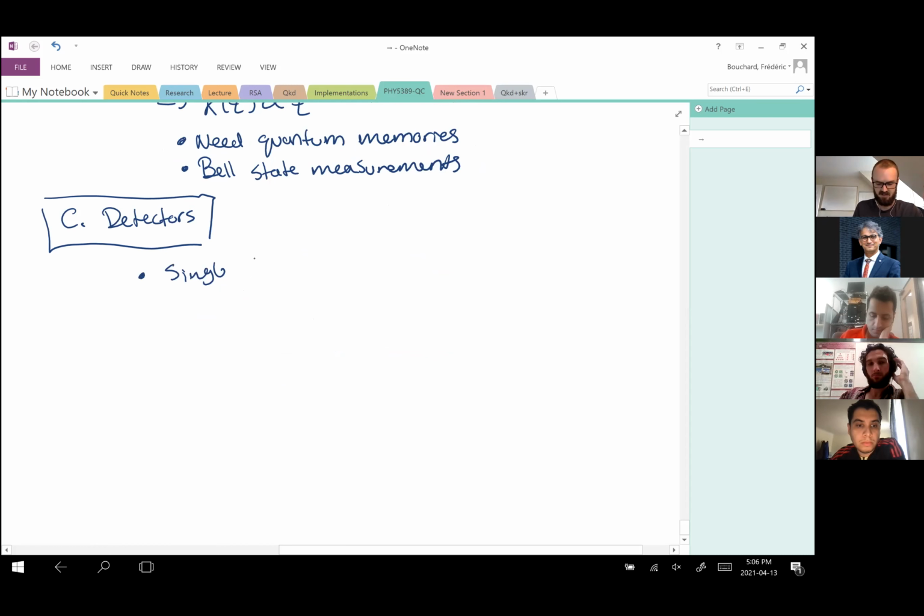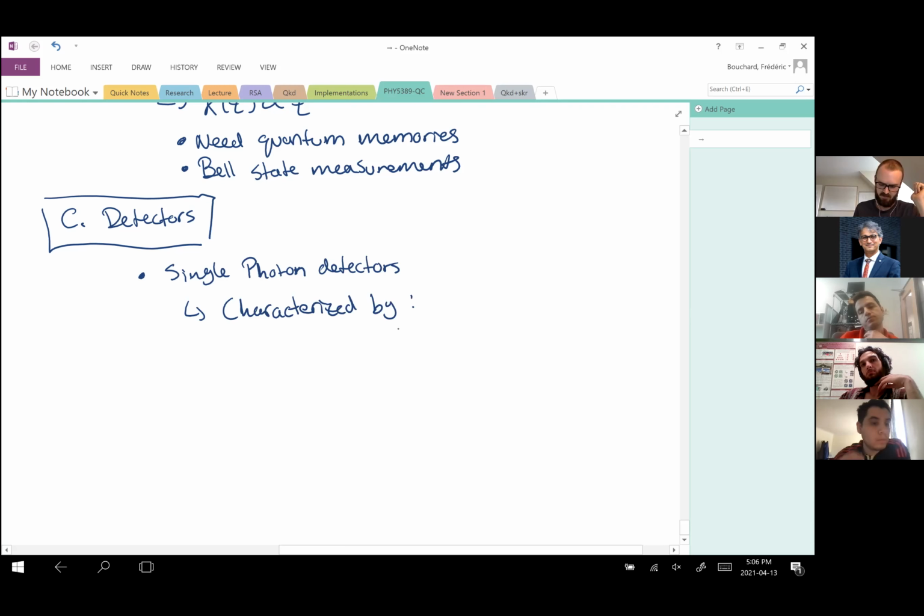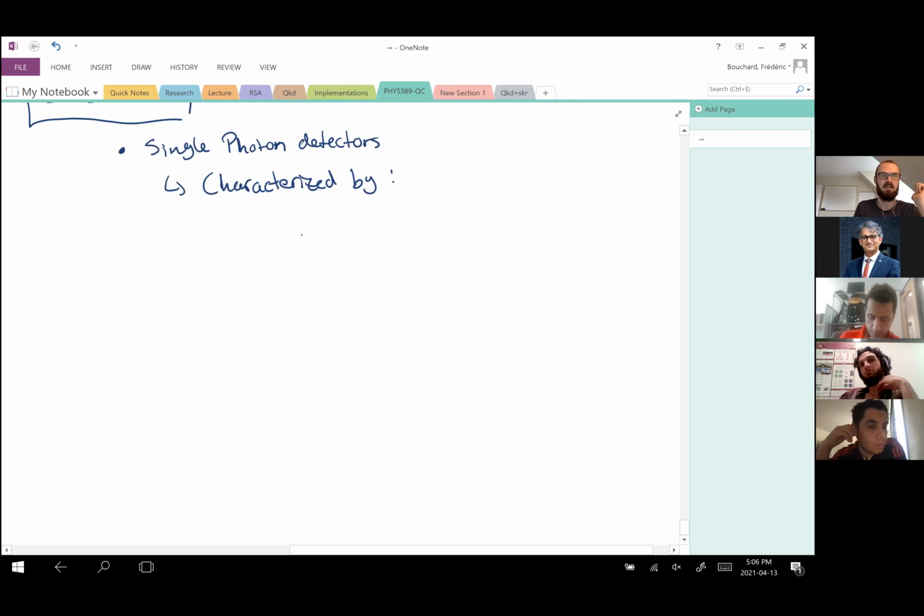You need something that tells you, okay, I had a click, I had a single photon. Single photon detectors are characterized by a few different parameters. Probably the most important one is the efficiency. So eta, we already saw that. Detector efficiency.